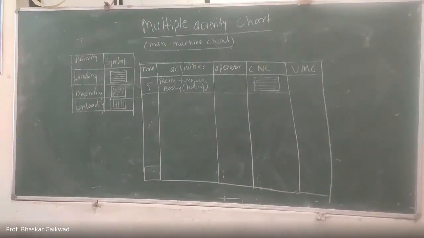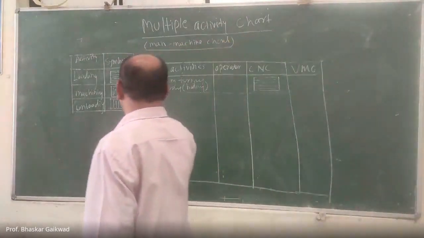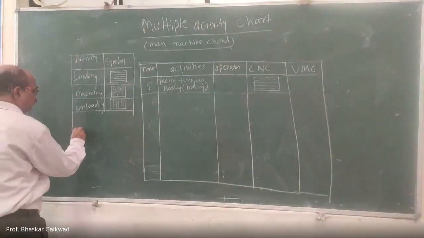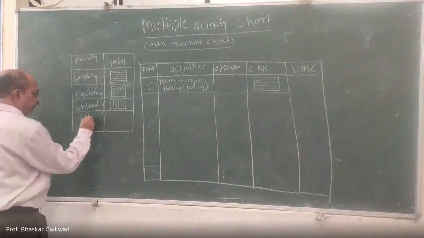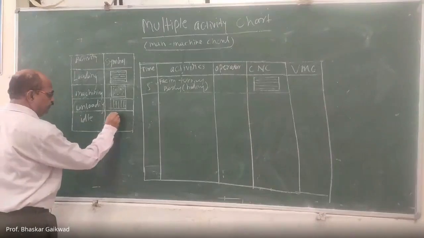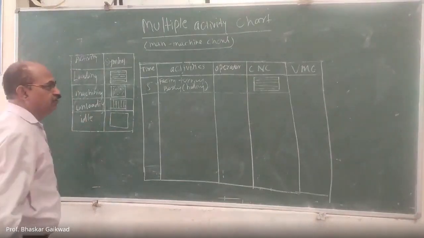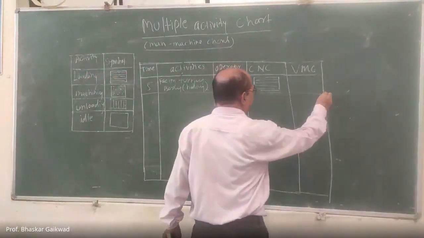So after this time, the VMC remains idle, no? So the idle symbol will be blank. So here I will add it. Idle remains like this, nothing is there. So at this time, this is the idle.